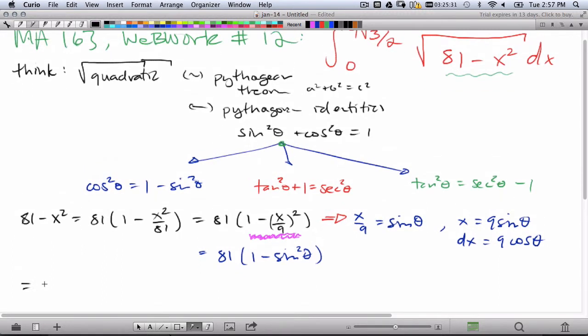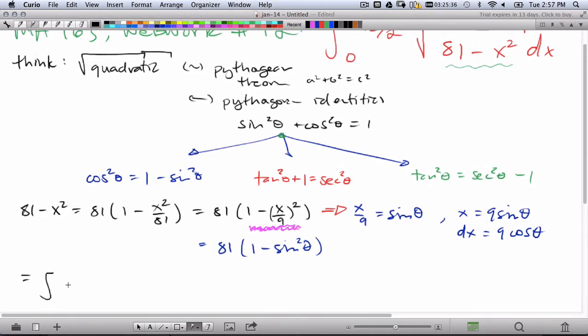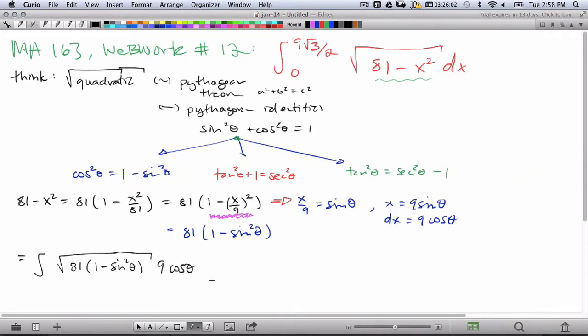So our integral is written as the square root of 81 times 1 minus sine squared theta, times 9 cosine theta. Now the bounds of integration have changed because we're integrating with respect to theta. So let's figure those out really quickly.